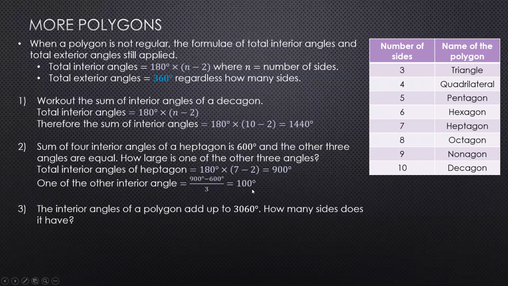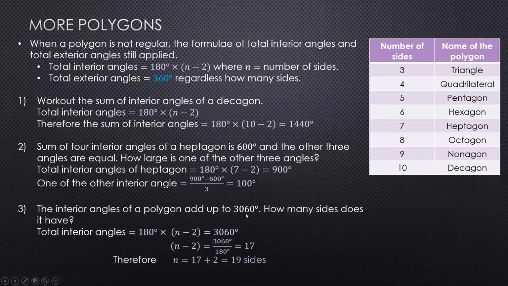Question 3. The interior angles of a polygon add up to 3060. How many sides does it have? Now we know the sum of the angles, and we need to find how many sides the polygon has. To find the interior angle sum, we use this formula and set it equal to 3060 because the question said so.